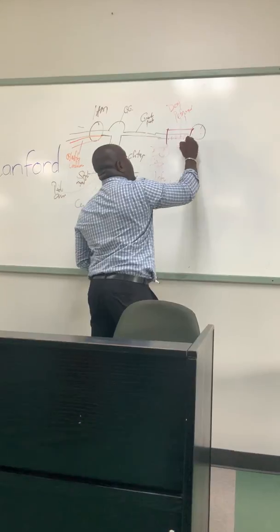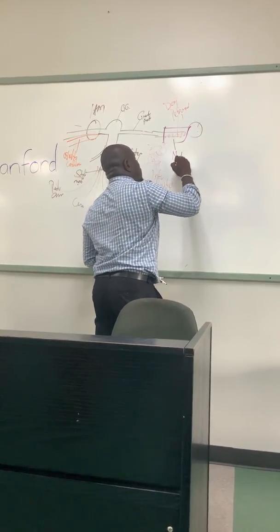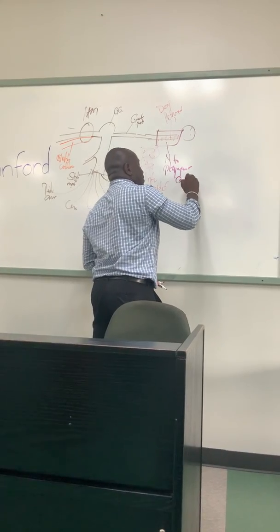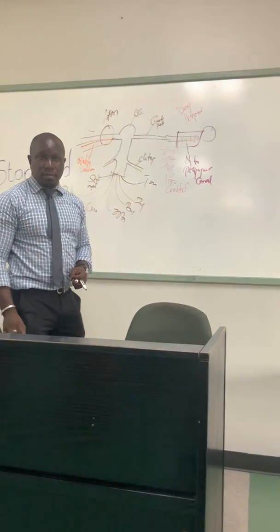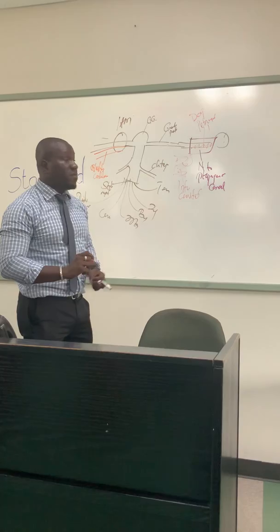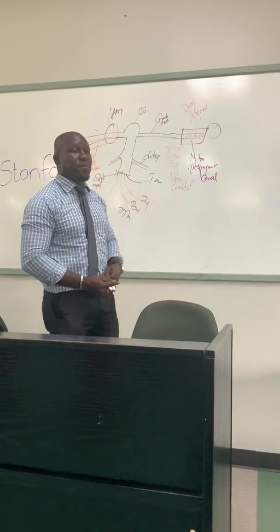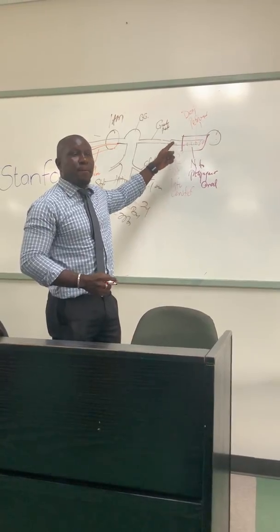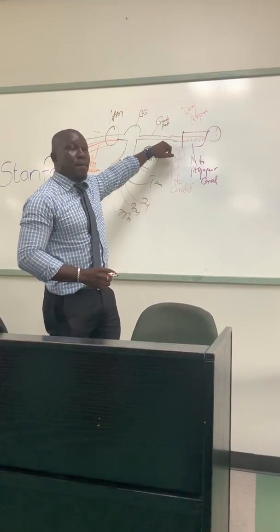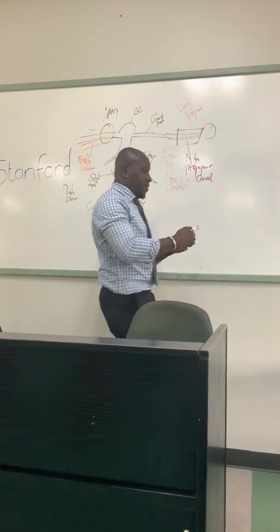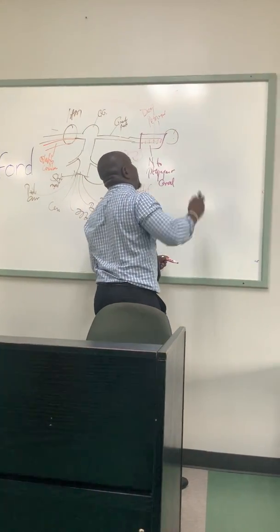What do these guys become? The nerve to the pterygoid canal. Once they combine, they become the nerve to the pterygoid canal. Now remember, deep petrosal is preganglionic or postganglionic? Postganglionic. Is greater petrosal preganglionic or postganglionic? Preganglionic, because it's going to synapse at my pterygopalatine ganglion.